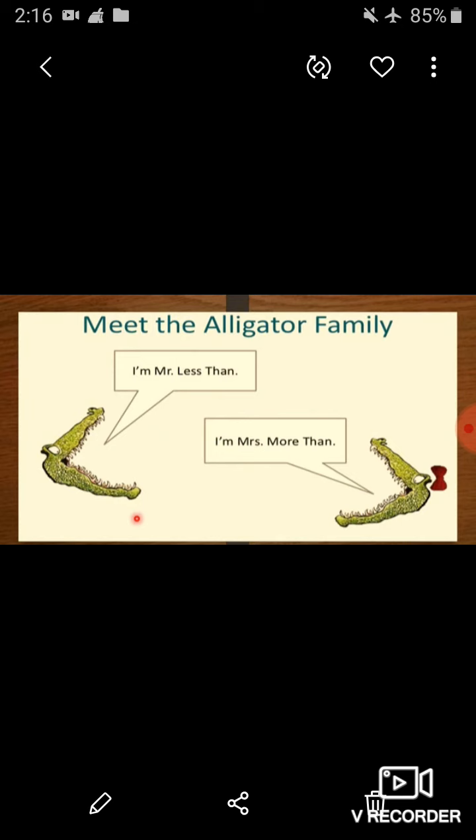Students, the alligator is feeling very hungry, and remember the alligator always wants to eat the bigger number. Bigger number means greater number.